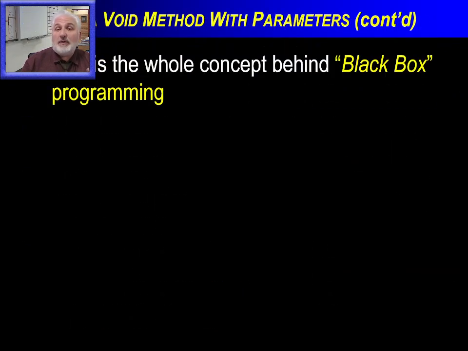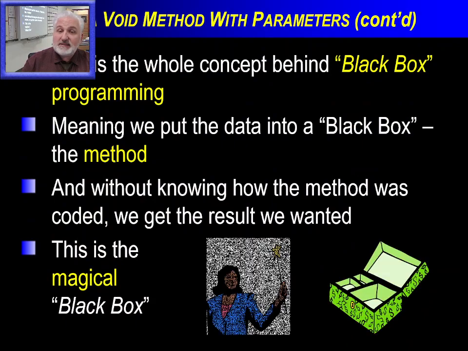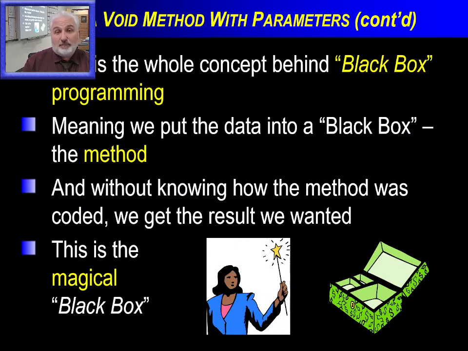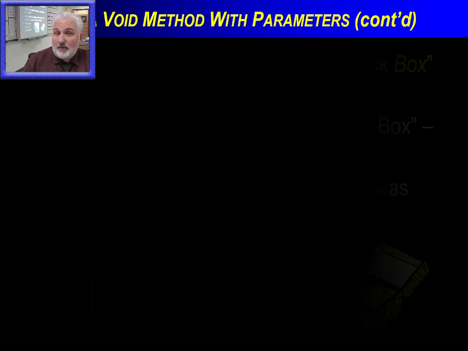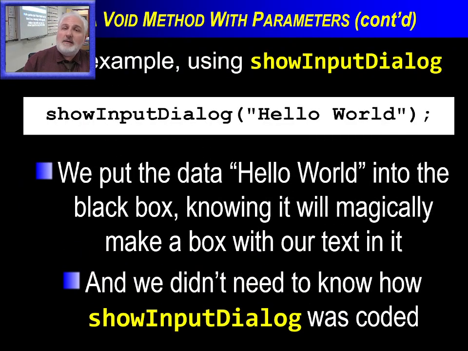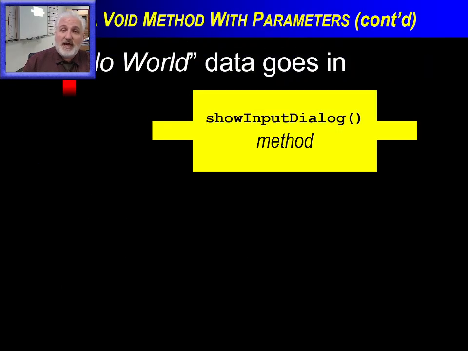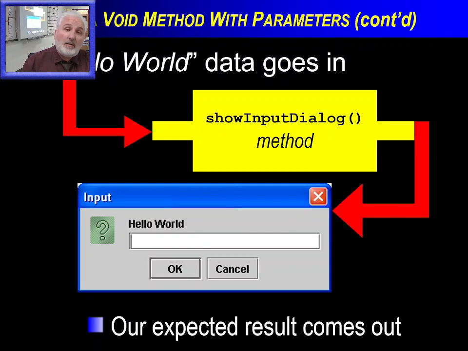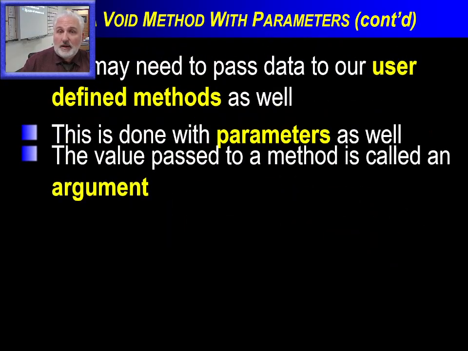I've said how you've already called methods doing this, where I've used the idea of black box programming, where you can use methods without necessarily looking at how they work. I mentioned dialogues like show input dialog and show message dialog, where you call upon the method and pass it an argument into its parameter without really knowing how the method works, yet you still get the outcome and the result that you want.